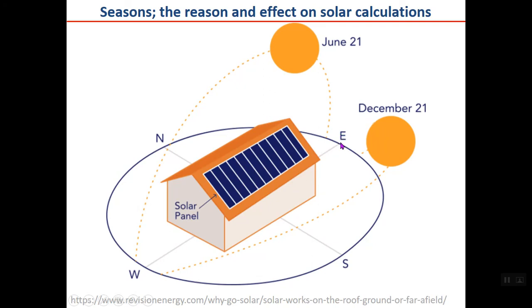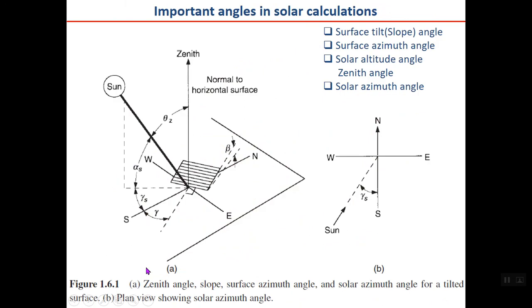And not drawn here, but you can imagine that on equinoxes, which is 21st of March and the same in September, the sun rises exactly on the east, and the sunset is exactly on the west, and the day length is 12 hours. So it was very important, and I kindly ask you to watch it again.